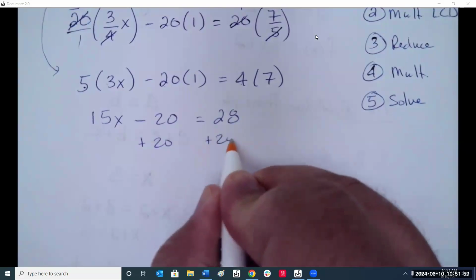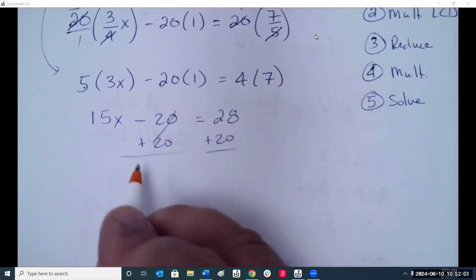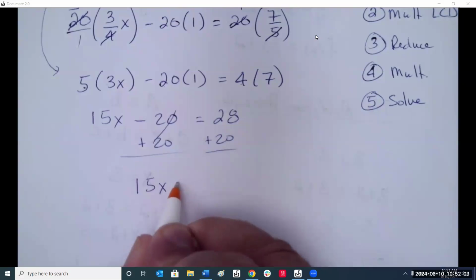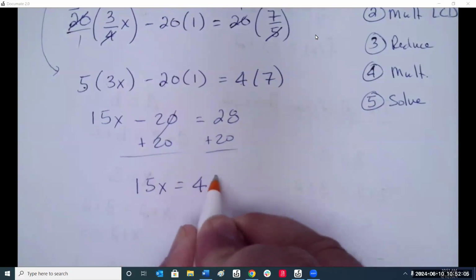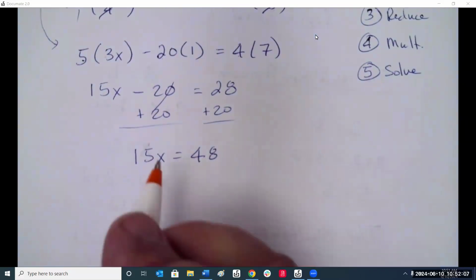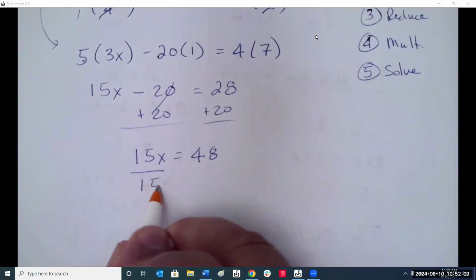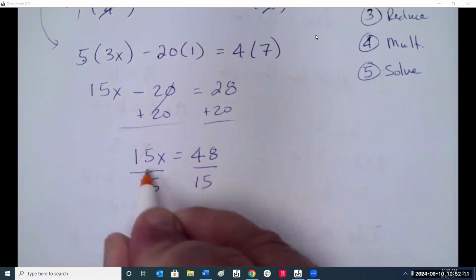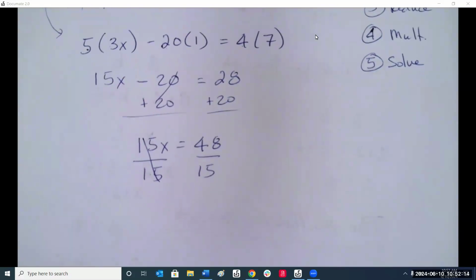Add 20 to both sides. And then divide by 15. Everybody should know this process already. I mean, it's how to solve for a variable, move things around.